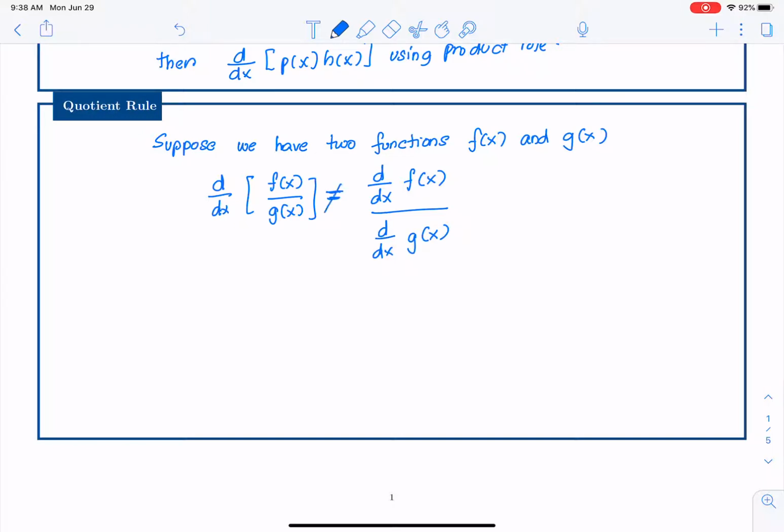But that is wrong. Life isn't that easy.